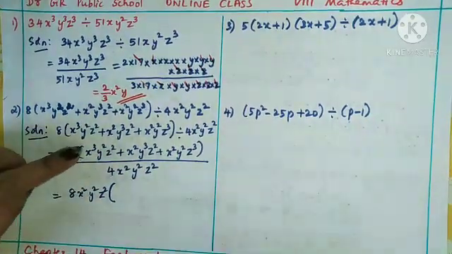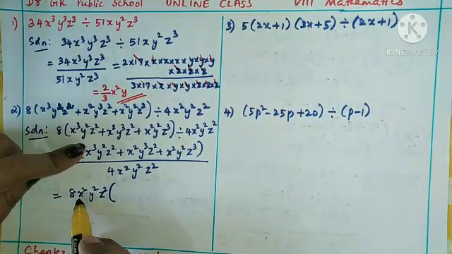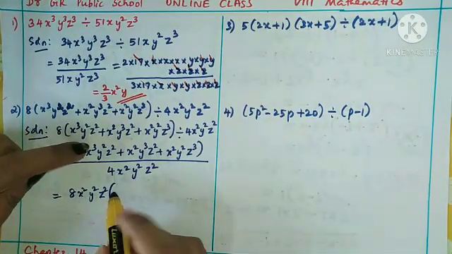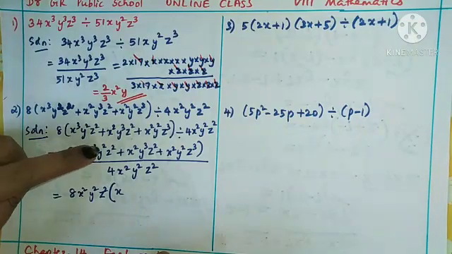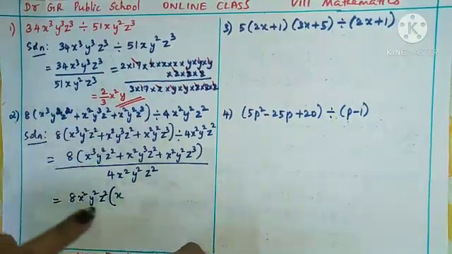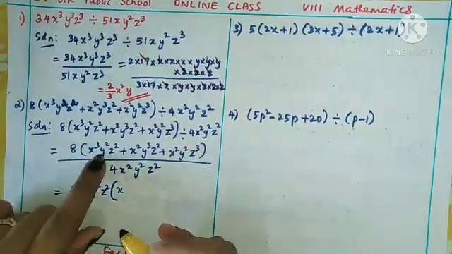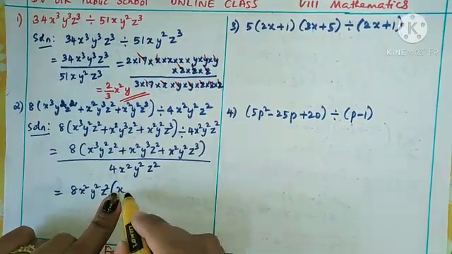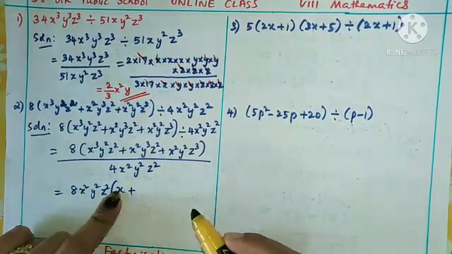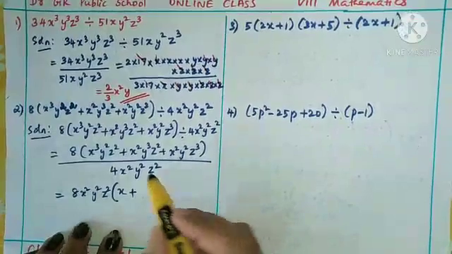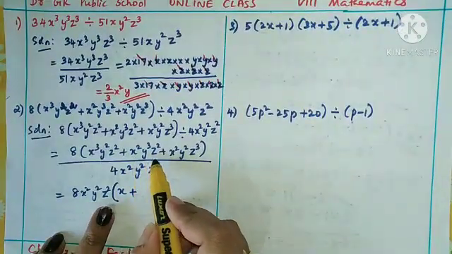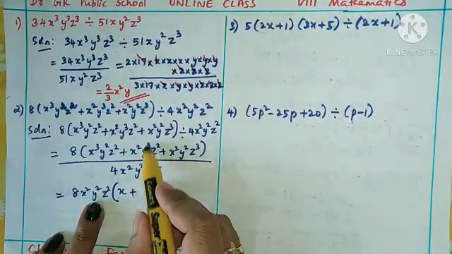So here we have taken x square outside. So here one remaining x is there. Y square we have taken, z square also taken. Okay, so only this term x is left. Then plus, from the second term we have taken x square outside, z square outside, and y cube.